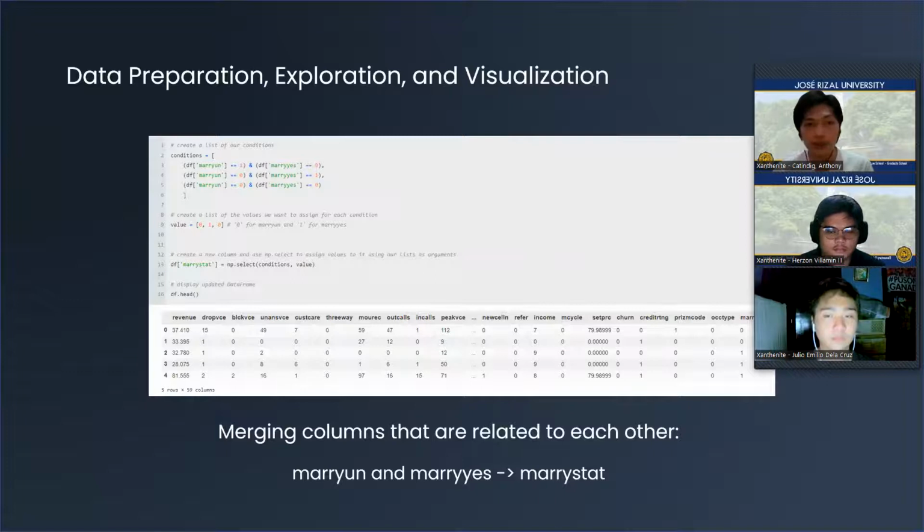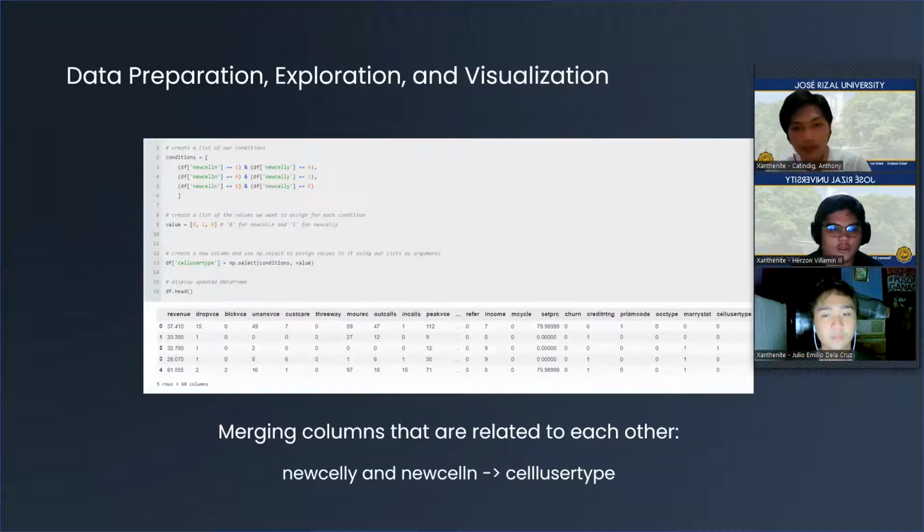We also merged the two marital status columns, unknown and married: 0 is unknown and 1 is married. Lastly, we merged the related columns new cell Y and new cell N into new cell user type, with 0 for new cell N and 1 for new cell Y.